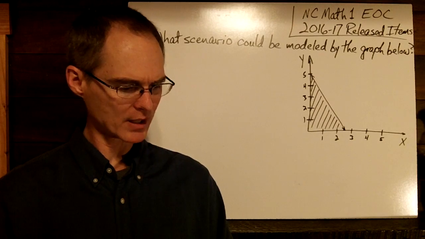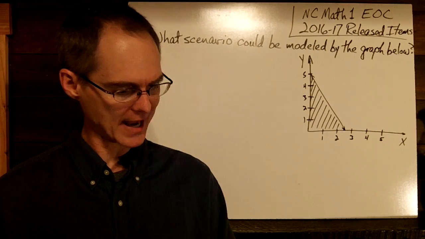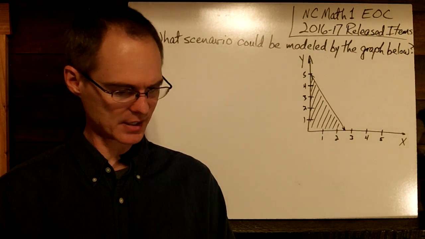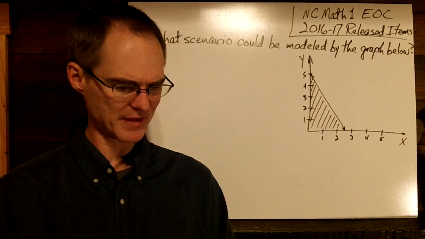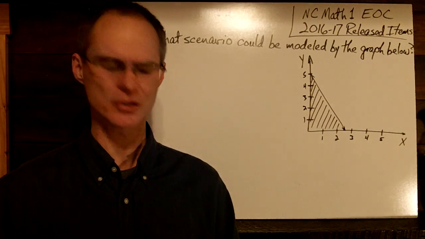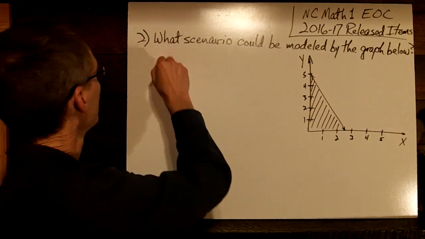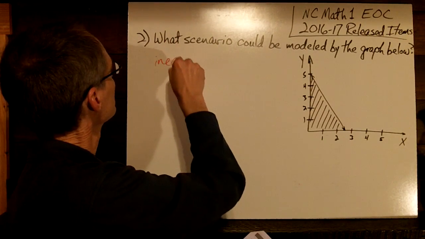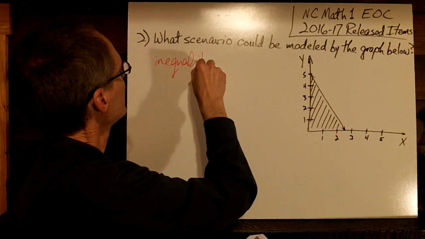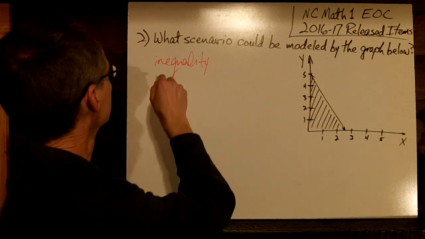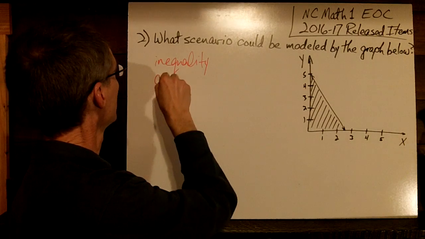As I look at the answer choices, it's something about pounds of apples and pounds of oranges. So let me just write that down: inequality, and something about apples and oranges.